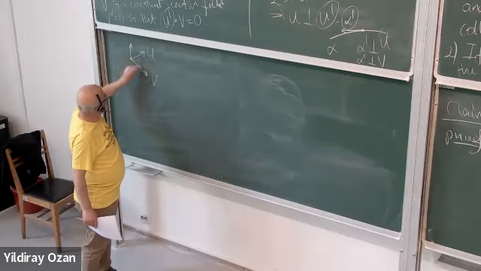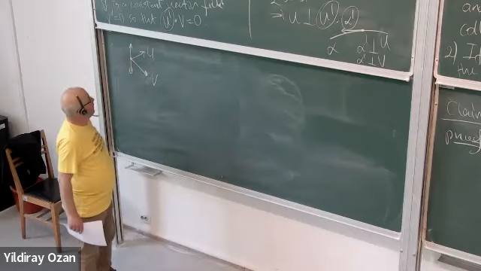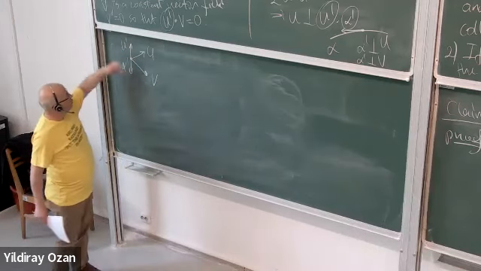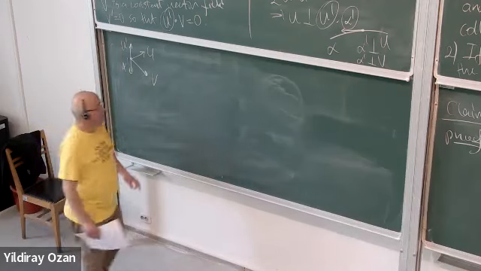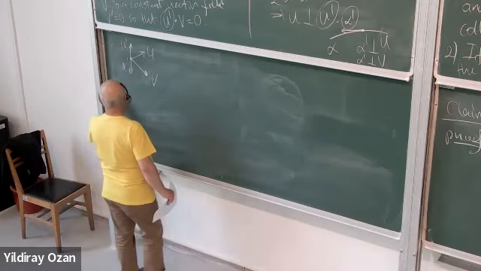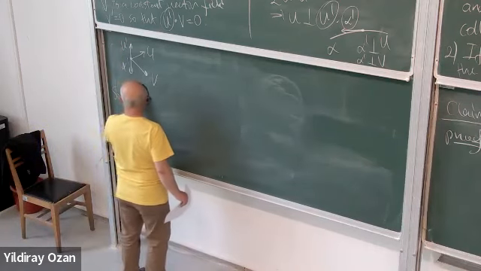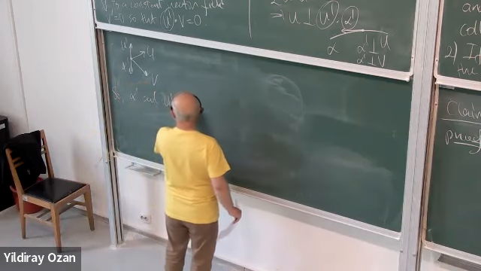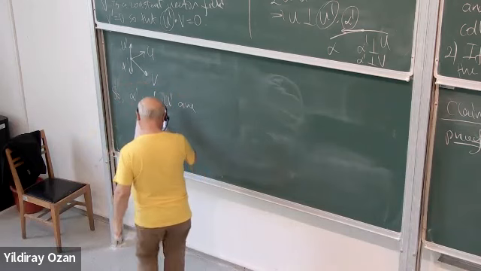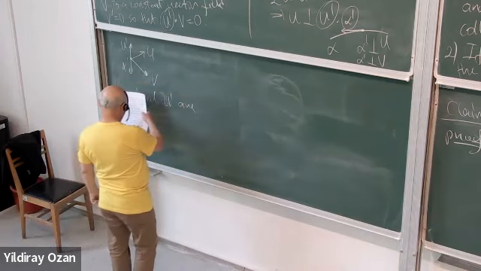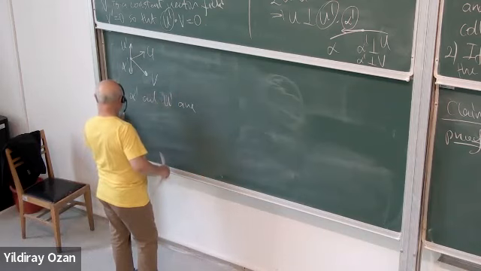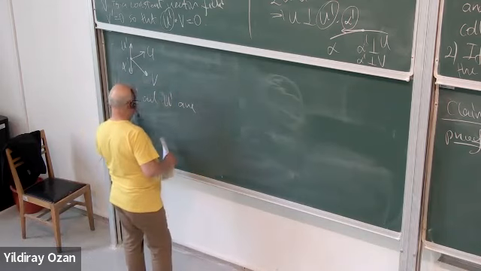Which is normal to both of them. It is either this one or this one. So U prime and alpha prime are like this, or they point the same direction. In any case, alpha prime and U prime are parallel to each other. They are collinear.